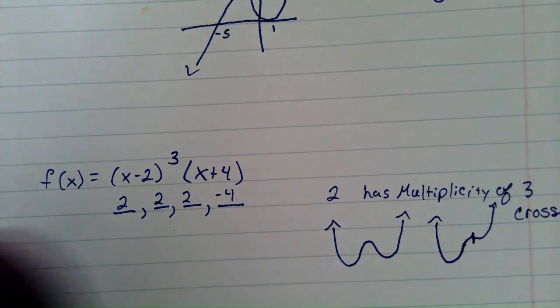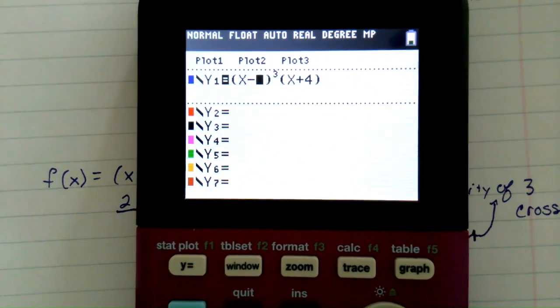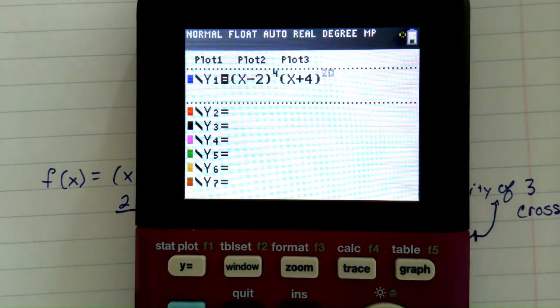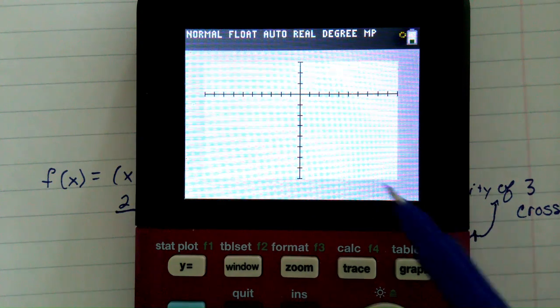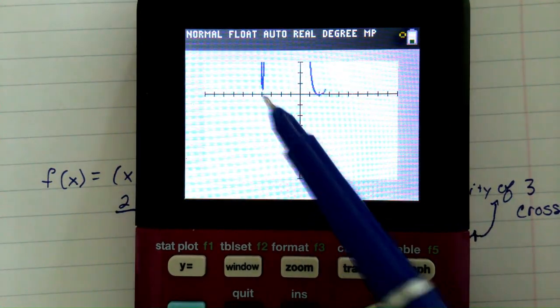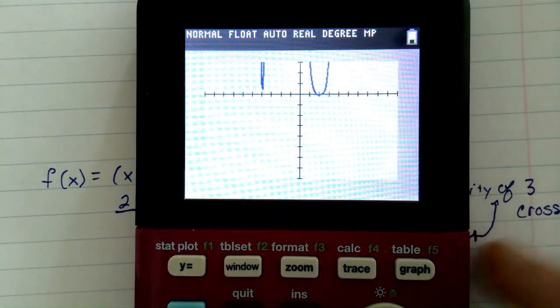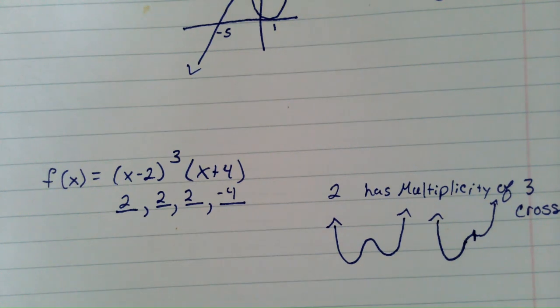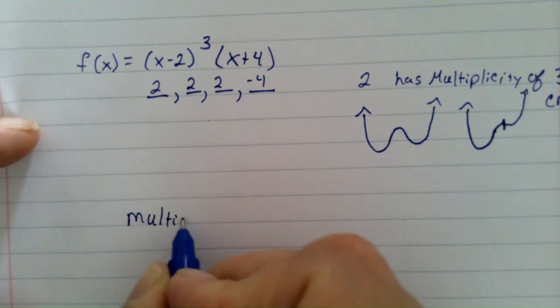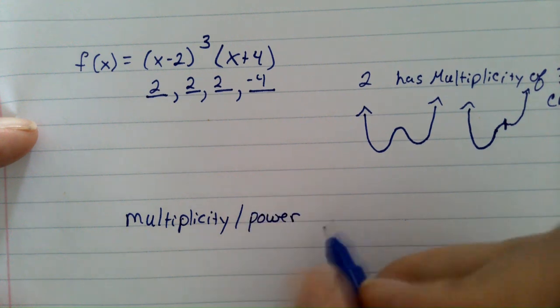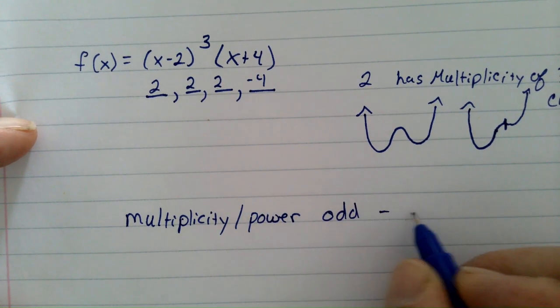So instead of doing any new numbers, I'm just going to come over here. So what if I change this back to a 4? And I'm going to make this a 2. Okay, so 4 and 2, those exponents are both even. Oh, it bounced and it bounced. You just can't really tell because it's so sharp. It never crossed. So it has nothing to do with where it crosses, but if the multiplicity or power is odd, it will cross.